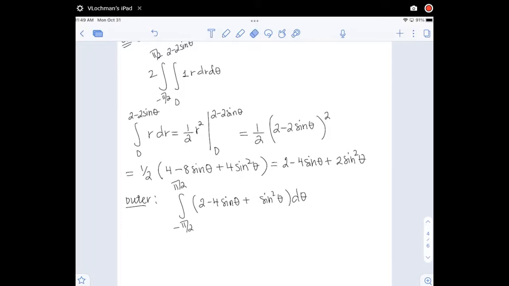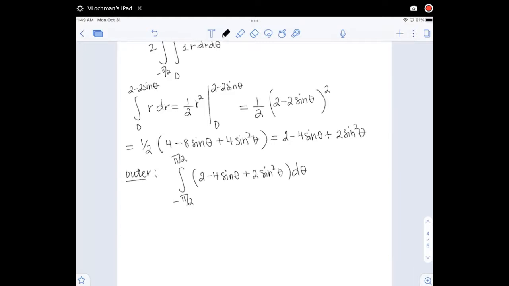And then 2 over here. Okay, let's check. 2 minus 4 sine theta plus 2 sine squared theta. Okay, that sounds right.